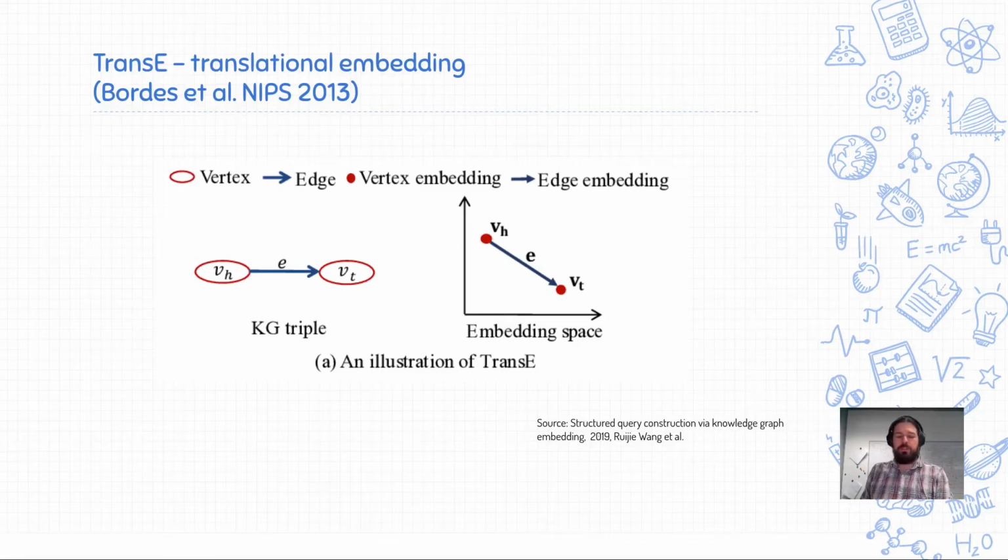So this is an edge with type E. If this kind of edge exists in our knowledge graph, then we want it such that in our embedded space we have the two embeddings corresponding to these nodes, and we have an embedding of that edge, which connects these two things. This is basically a vector. This E is a vector which maps as a translation from that one to that one. If we then have a second triple with the same type, then that same edge embedding would be used.